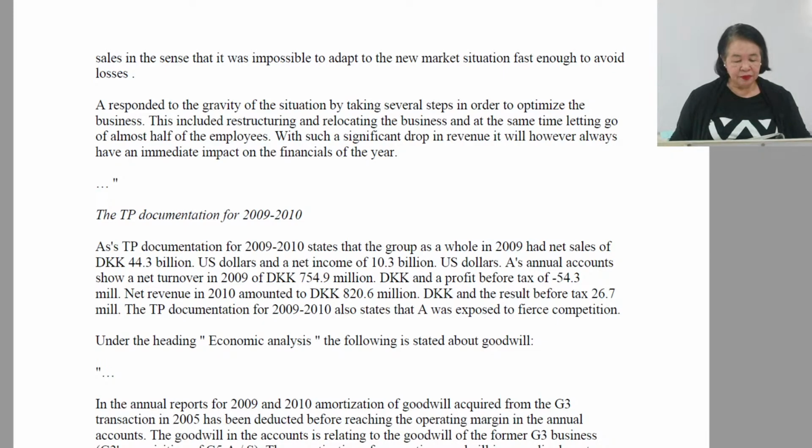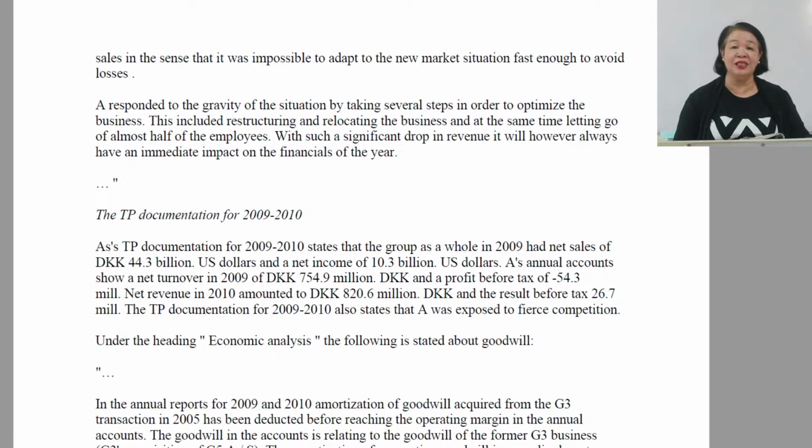Okay. Ito na naman yung transfer pricing documentation for 2009 and 2010. So you can just imagine saan napunta at ano nangyari doon sa transfer pricing documentation that papagawa sa atin at isubmit sa BIR, no? As transfer pricing documentation for 2009 and 2010 states that the group as a whole in 2009 had a net sales of Danish kron 44.3 billion.